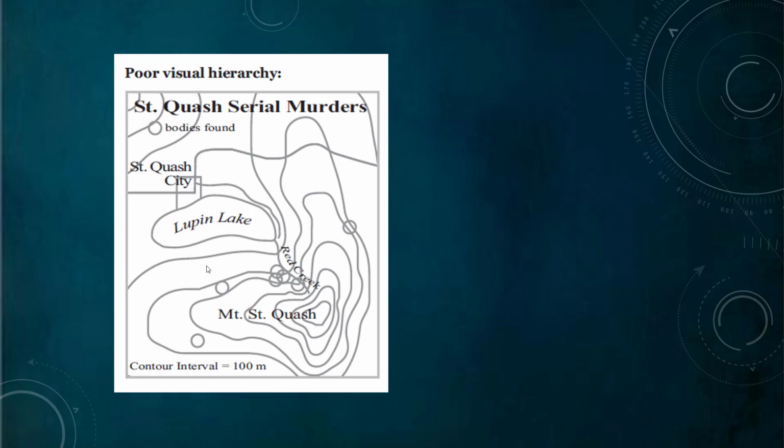So here's an example of a map. Everything's the same color and the same line weight, and it's really difficult to tell in some cases where things are and what they are, but in other cases what's important, right? So since this particular map is about a series of serial murders, one would assume that the location of the bodies would be one of the important pieces of information, right?